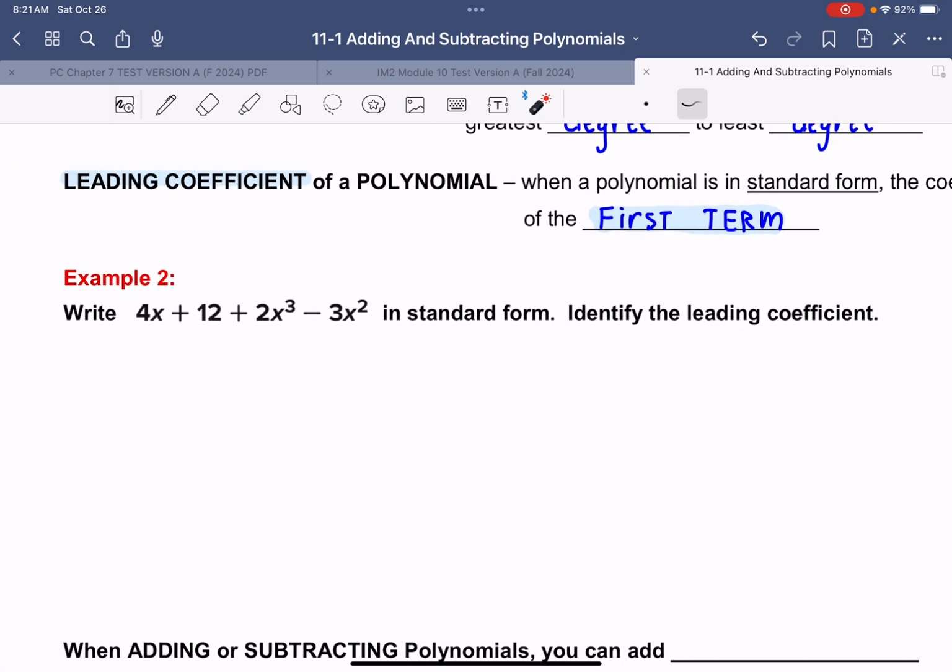Okay, so when we write this in standard form, we are going to take 2x cubed will be the first one. Then we take the second term, the next highest power, to be minus 3x squared. And then plus 4x plus 12. Go in that order.